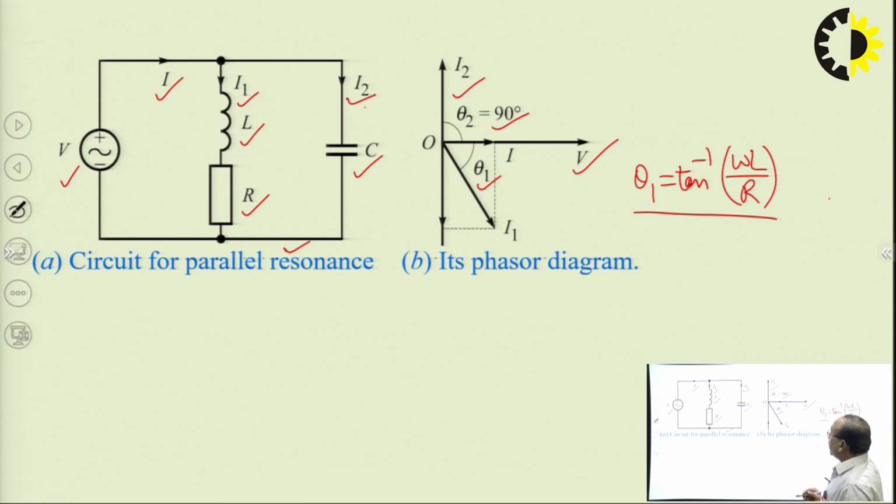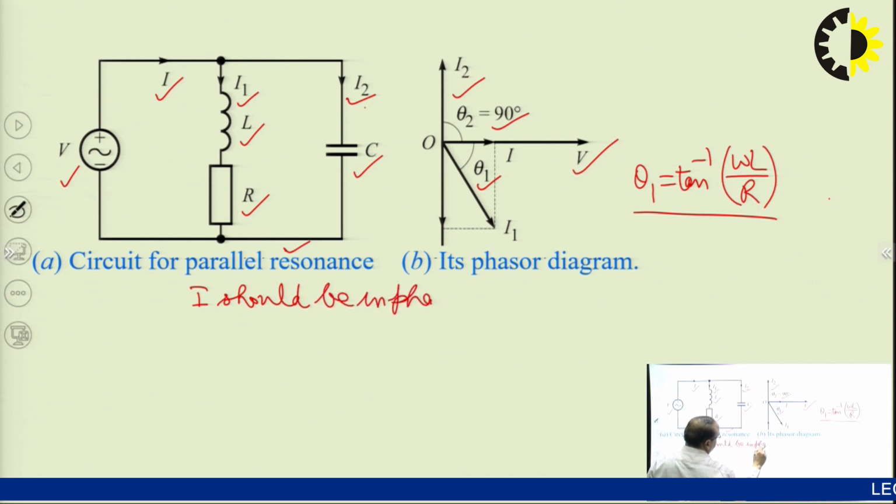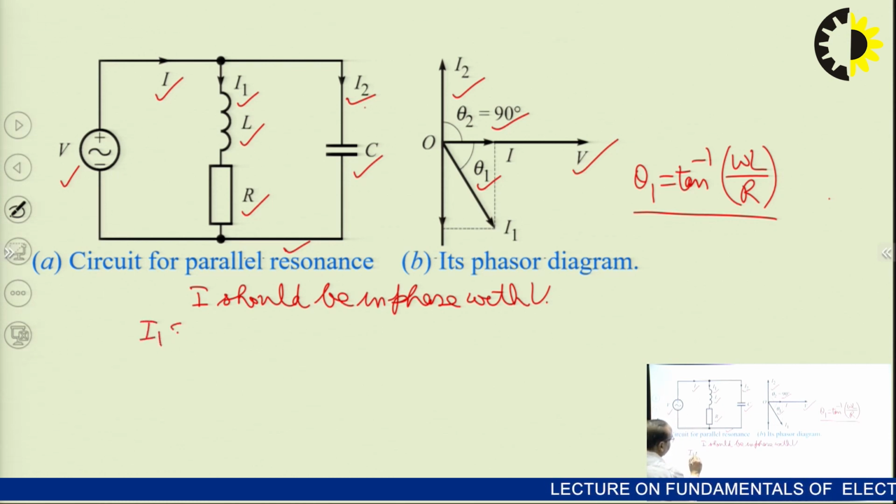Now for the resonance condition, the supply current I should be in phase with voltage V. And for that, the condition is that we should have I1 sin theta 1 equal to I2.